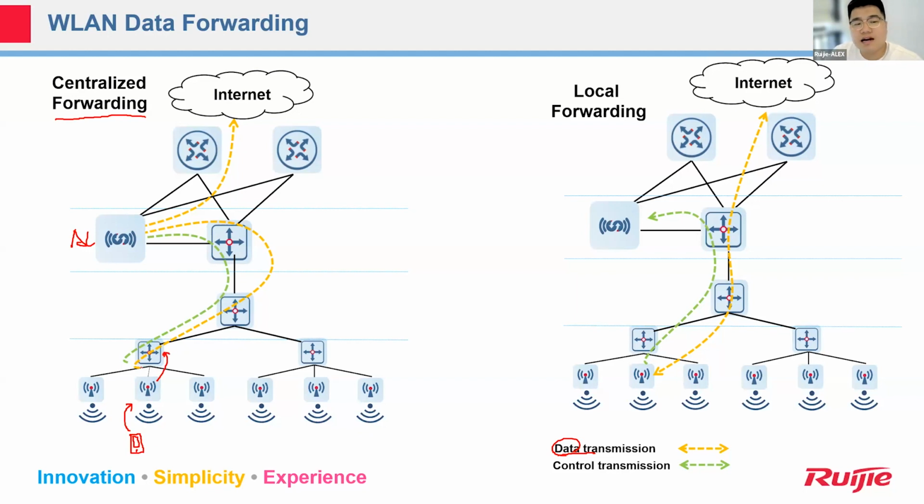After receiving the traffic from the STA, the AP will find that this is WLAN traffic. And since between the AP and the AC they have established the CAPWAP tunnel, the traffic will be encapsulated and forwarded inside the CAPWAP tunnel, and then be directly sent to the AC.